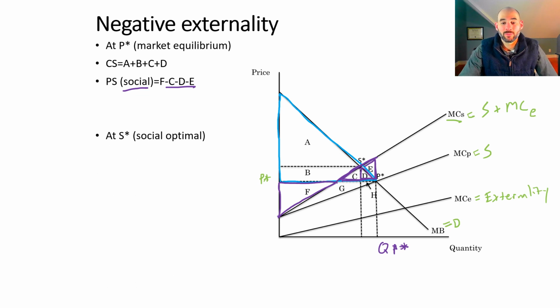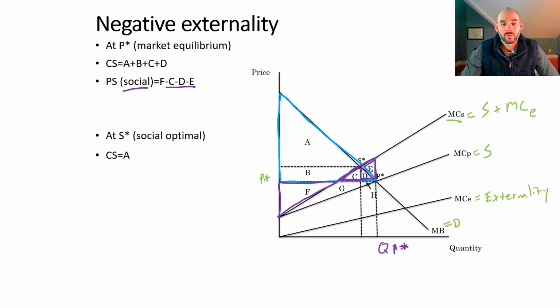So let's now see what consumer surplus and producer surplus would look like in a socially optimal market. When we have government intervention, we have maybe a tax which is regulating the producers from polluting, or we have some way of enforcing that the marginal private cost curve is going to look like the marginal social cost curve.